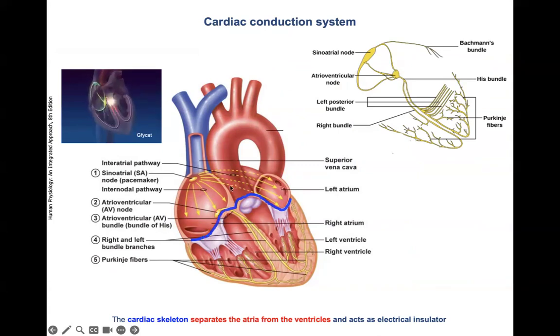Because when we excite the atria, they need some time for their excitation and contraction. We would like to have the contraction of the atria first, and only then should the ventricles also be excited and contract. So for this, we need an electrical insulation between the atria and the ventricles. This is why we have the electrical insulator.